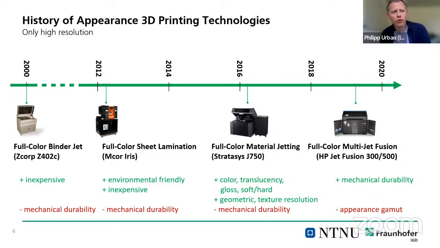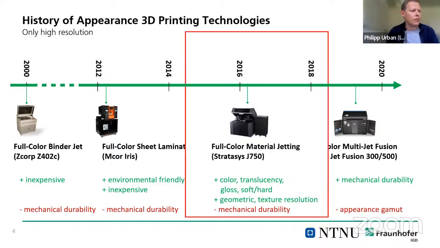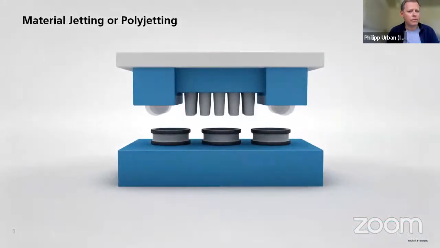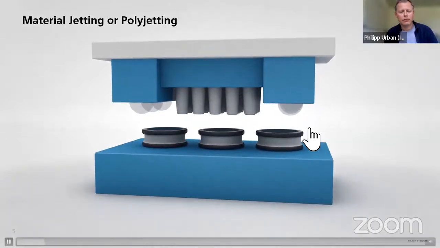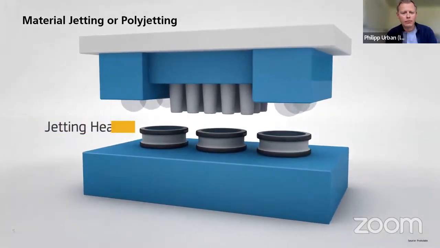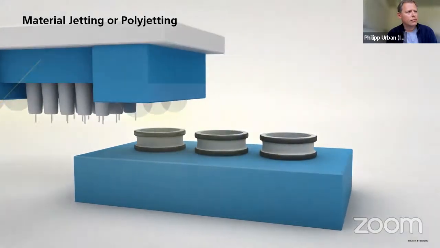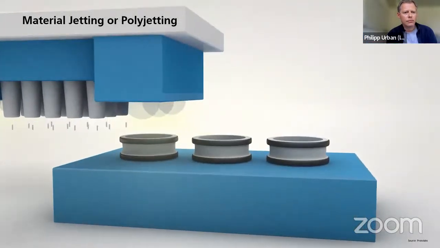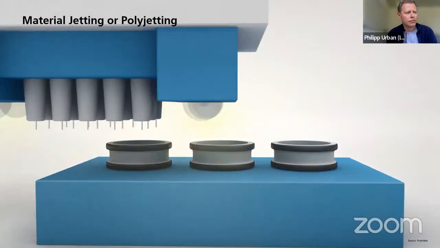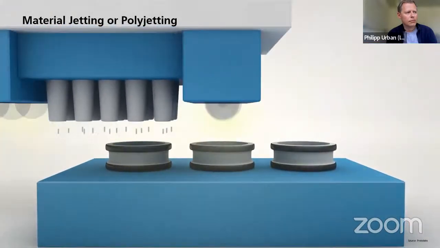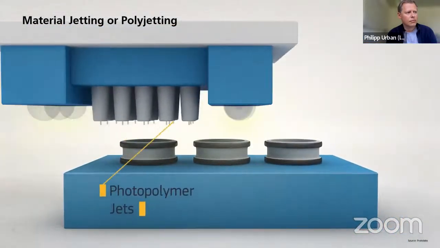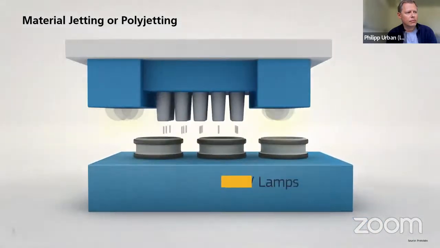I will give you a quick overview of the technology. Once the material is loaded in the 3D printer and digital instructions are programmed, production begins as the jetting head rapidly moves along the x-axis, the y-axis, and the z-axis. Small droplets are sprayed by photopolymer jets in layers that are instantly cured by an ultraviolet lamp.